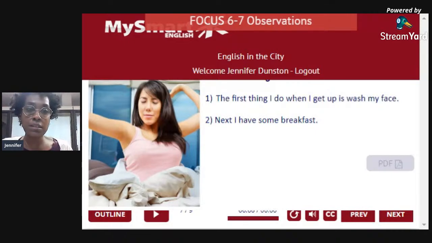Now, all of these actions are different for each and every one of us. This is a sequence of events, an example of sequencing events, so we know which adverbs to use in which order. Because if we use them out of order, then it no longer makes sense. And we understand the importance of sequencing events when we're telling a story.